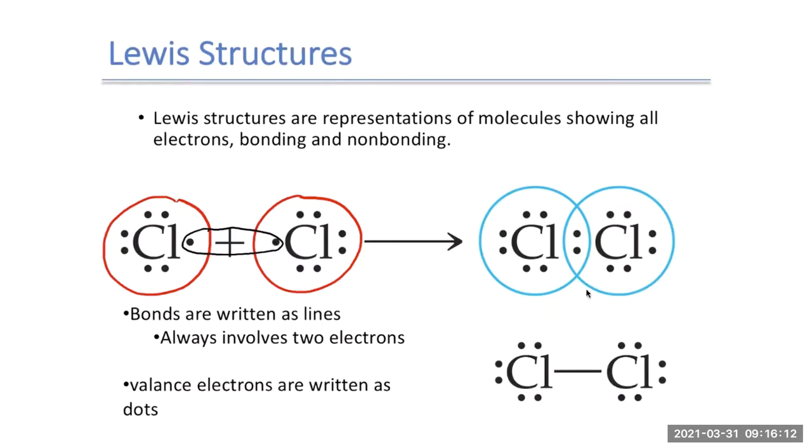We can either draw it as circles like this and draw dots all over the place, or we draw a line to represent the 2 dots. So the 2 dots here, same thing as drawing a line between the 2 atoms, which means this line can really just be drawn as 2 dots if you really want. So the ones in red, those are the shared electrons, and then all the black dots, those are the non-shared electrons, or what we call the non-bonding electrons.